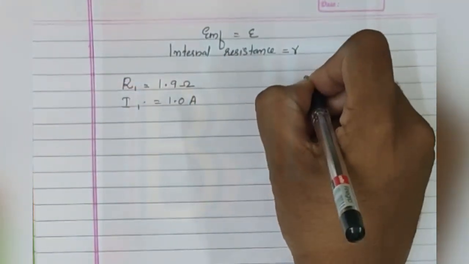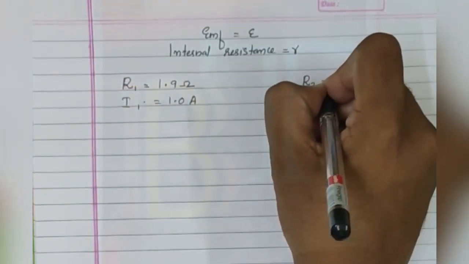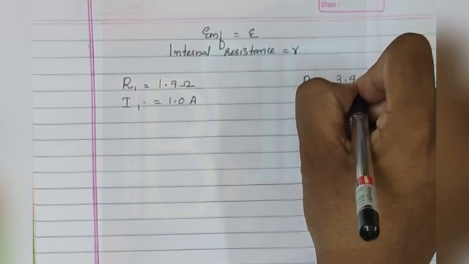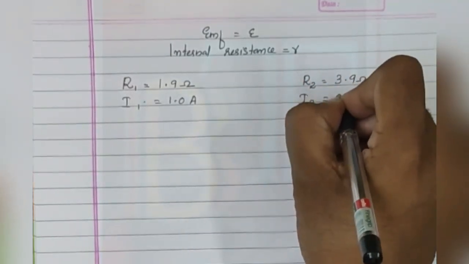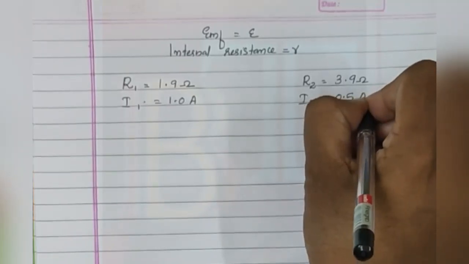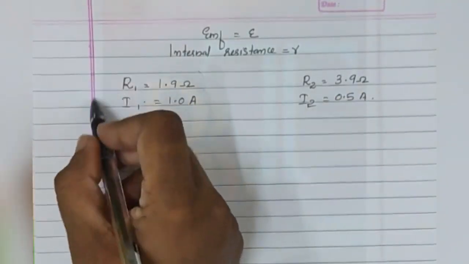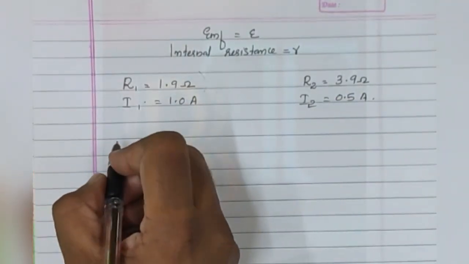And when the external resistance R2 equal to 3.9 ohm is connected, the current drawn was 0.5 ampere.